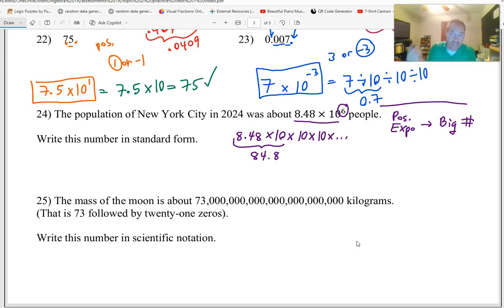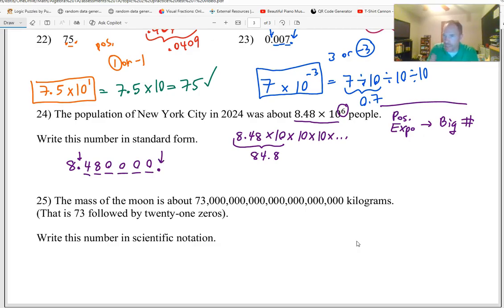So the trick is to move the decimal point 6 places. And since we're getting bigger, this is going to go to the right. So we're starting here. If I move it to the right once, now it's 84.8 we got. If I move it to the right twice, I got to do it 6 times. So 3 times, I got to fill in a 0, 4, 5, 6. This is where the decimal point is going to end.